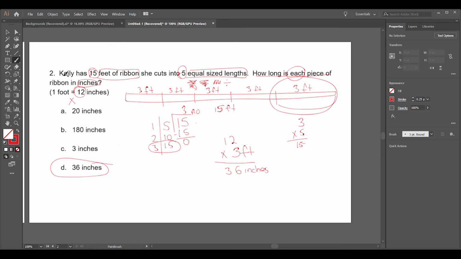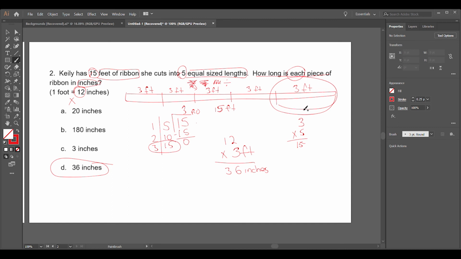Let's just recap. I said Kaylee had 15 feet of ribbon. She cuts it into 5 equal sized lengths. This sentence tells me what I have and how many pieces I'm going to divide this ribbon into, 5 pieces. So first I find that out, and here's a picture that I drew. 15 feet divided by 5 gave me 3 feet for each one of these pieces, and then I have to convert because the question says how long is each piece of ribbon in inches.